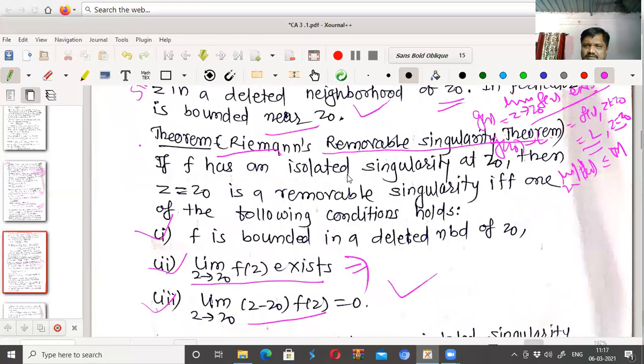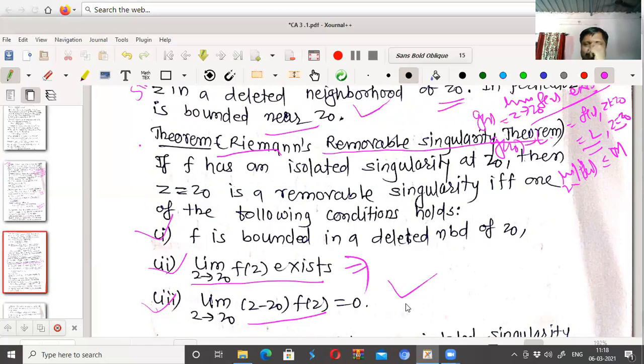removable singularity theorem. So what is the use of this? If we know that an isolated singularity is a removable singularity, then either f is bounded in a deleted neighborhood of z0, or limit as z tends to z0 of f of z exists, or limit as z tends to z0 of z minus z0 into f of z equal to 0.